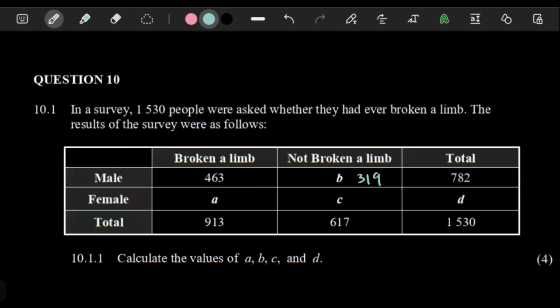It doesn't matter what you want to do next, A, C, or D, it really doesn't matter because from top to bottom, everything adds up to the bottom number. So the 913 here, if you remove the 463, it should give you a value of A. So let's see, 913 minus 463, that's going to give you 450.